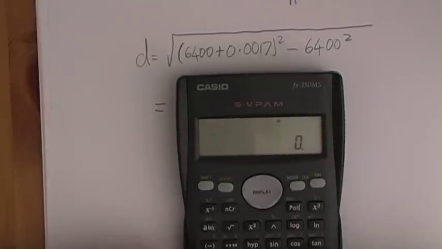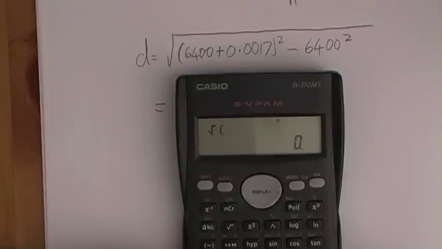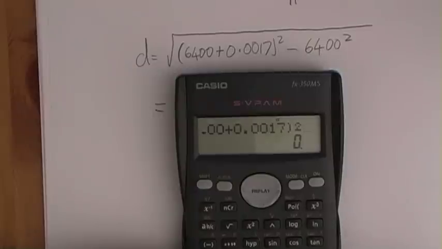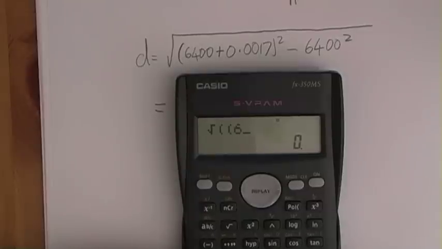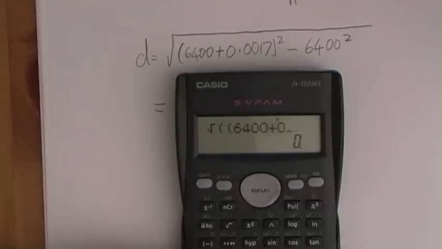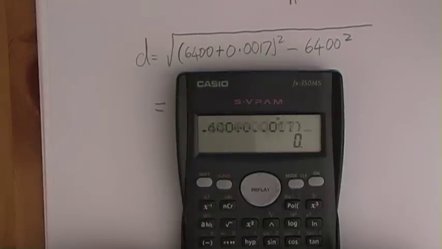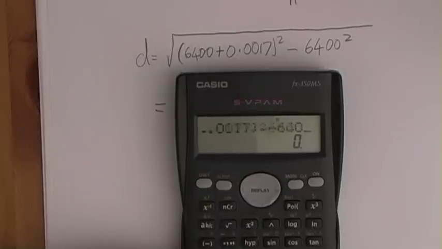I've done it wrong, I'll do it again. I need two brackets: 6,400 plus 0.0017, close bracket, squared, minus 6,400 squared.